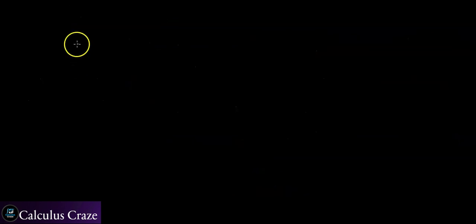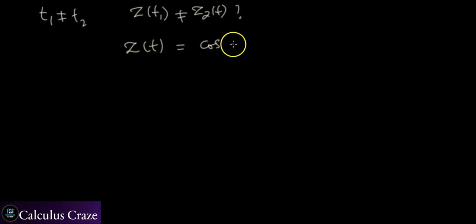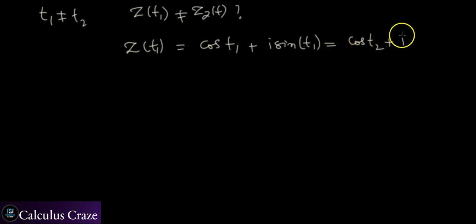Let's say cos t1 plus iota times sine t1 is equal to cos t2 plus iota times sine t2.